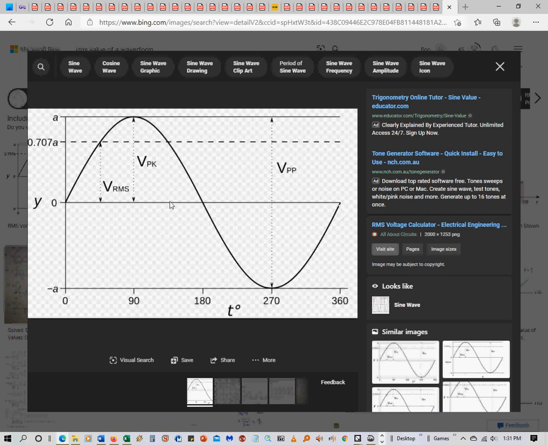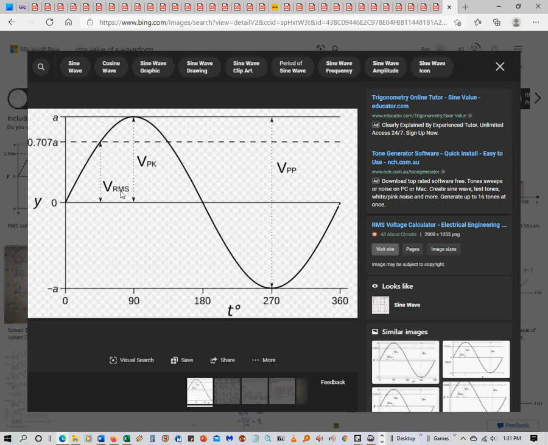The RMS value is a calculation that's done on all the points in the waveform. Like I said, you take the square of all these points, and the negative values get flipped up, so it looks like a bunch of humps going this way.